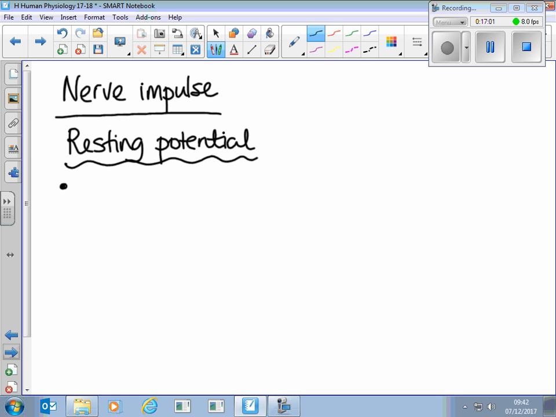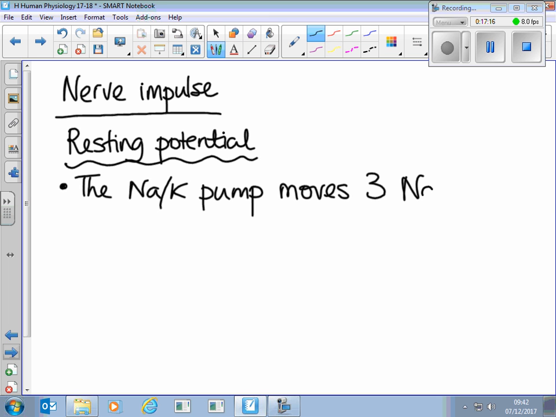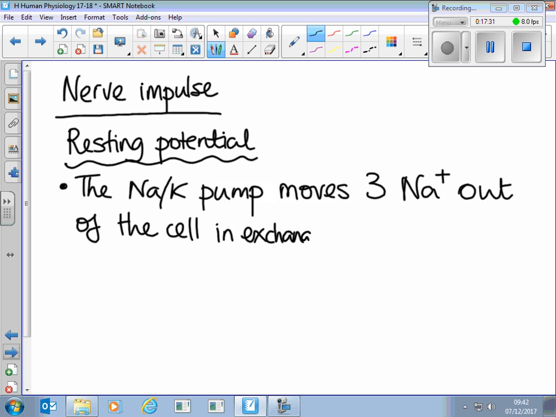So first of all then, the sodium-potassium pump moves 3 sodium ions out of the cell, I'm writing it like that for a very specific reason, in exchange for 2 potassium ions in.